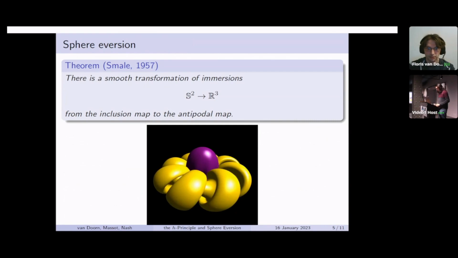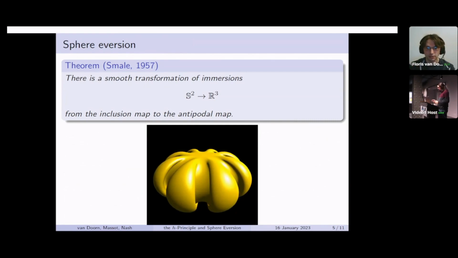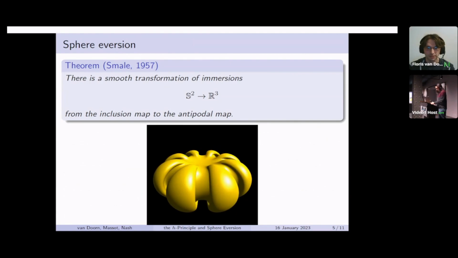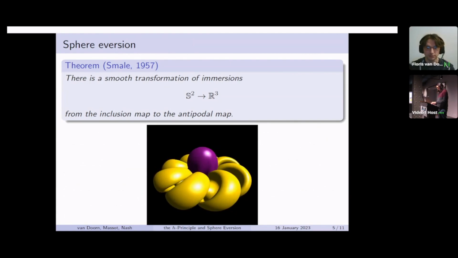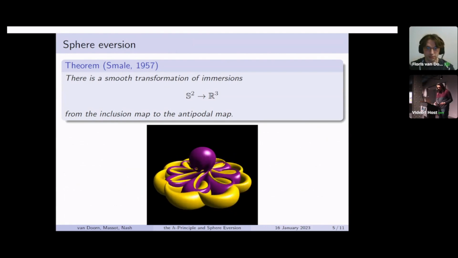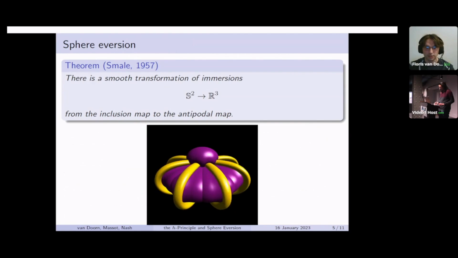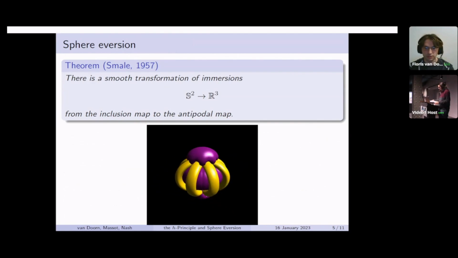But luckily, you can approximate continuous functions by smooth functions, and that is also what we used during part of the proof. For part of the proof we only work with continuous functions, and then at some point we use an argument called partition of unity, and then we can approximate the continuous function by a smooth function.